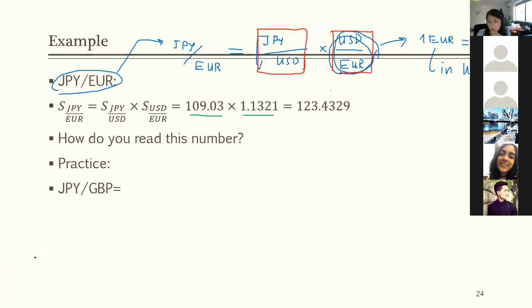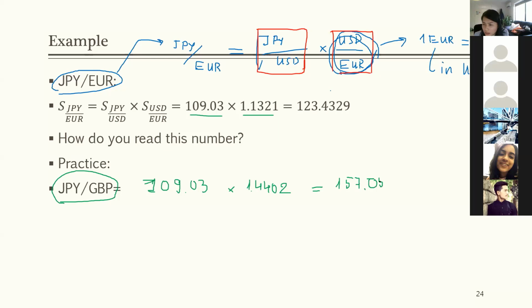Okay, how about the calculation that we are currently at? That is 109.03, if I'm not wrong. 109.03 into 1.4402. That is 157.025006.